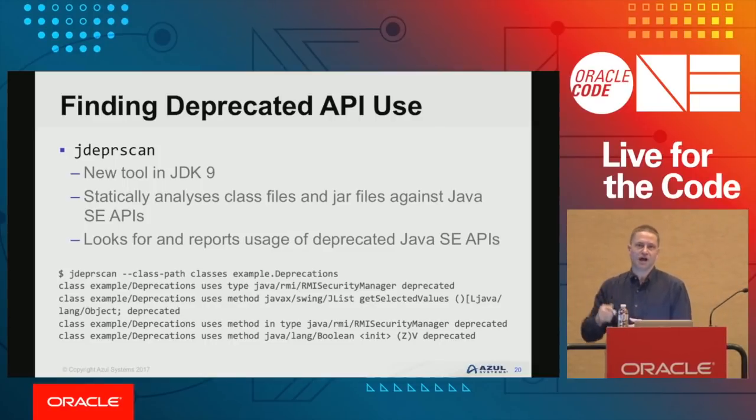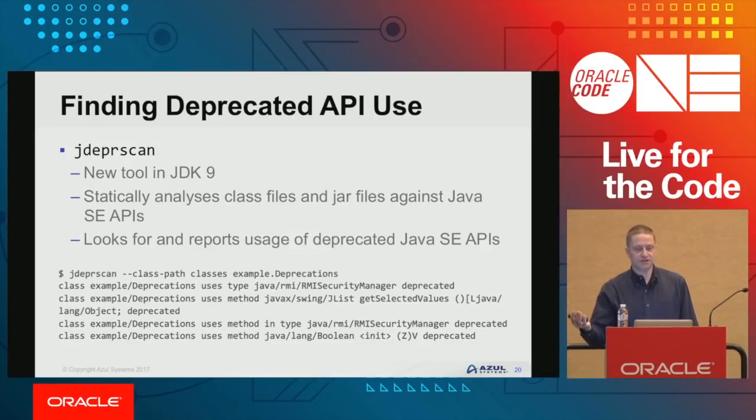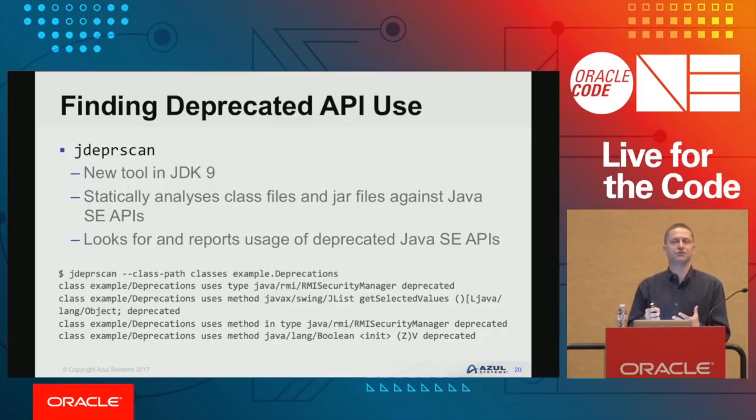So I wrote a little sample application which used a whole bunch of deprecated things, and this is the type of output you get. So it says, okay, in this case, we're using the RMI security manager, which is deprecated. We're using get selected values from JList, various other things. But it tells you like a report of the things you're using, so you can go back and look at your code and think, right, can I replace this with non-deprecated methods and clean up my code?